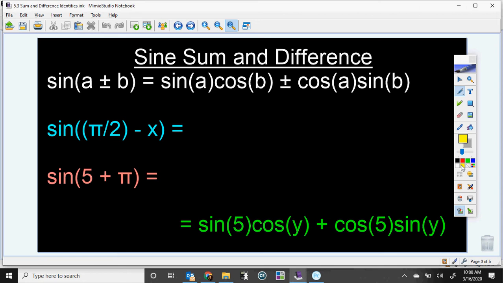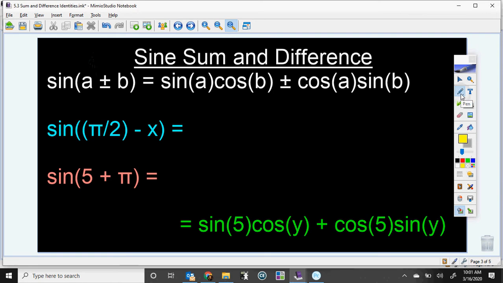Here it's just saying that if it's sine of A plus B, so if we're using the plus right there, we're going to use the plus here. If we use the minus here, we use the minus there. So really it's 2 different identities, one with plus, one with minus.